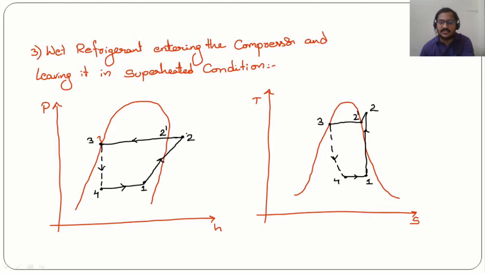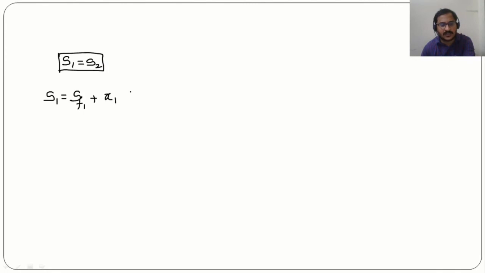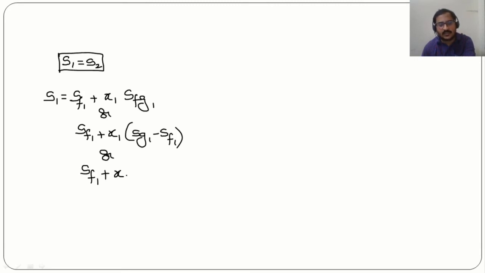Now in this case, if you observe, the second condition is superheated, so we need to use superheated formulas. That is, if we take S1 is equal to S2 here, the first condition is wet, so wet refrigerant formulas, S1 is equal to SF1 plus X1 into SFG1, or SF1 plus X1 into SG1 minus SF1, or SF1 plus X1 into HFG1 by T1.